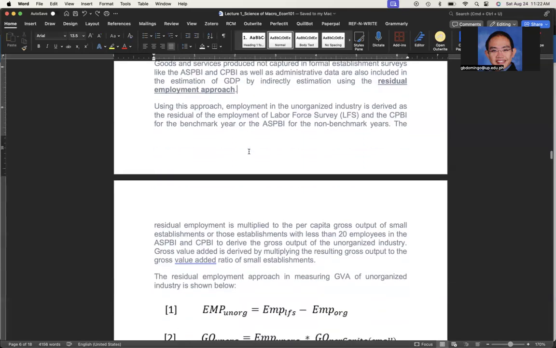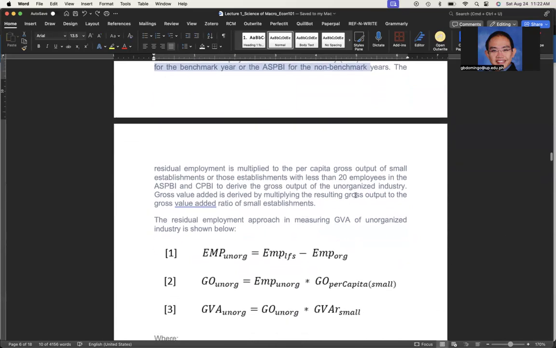So using this approach, what happens is there's an employment in unorganized industry, which is the residual or the difference between the employment from the labor force survey per industry and the CPBI for the benchmark year or the ASPBI for non-benchmark years. The residual employment is multiplied by the output of small establishments with those less than 20 in ASPBI and CPBI, 20 employees, to derive the gross output of the unorganized industry.